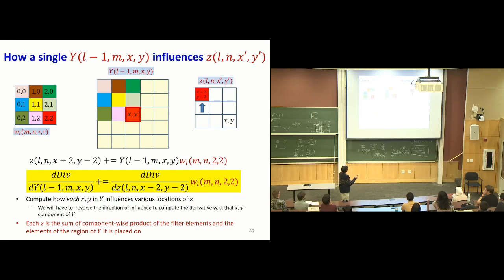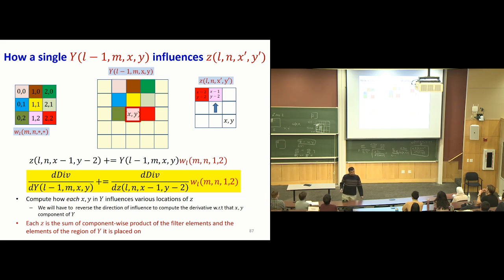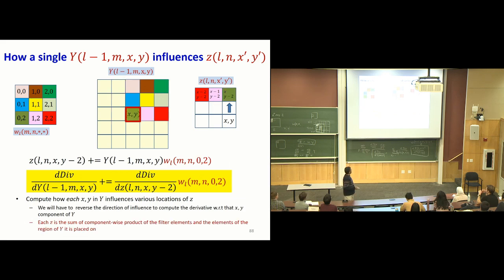What about this one? This xy clearly also contributes to the second z. Which filter index will be used in computing it? 1, 2, right? The color code is being shown, right? And then this one will also influence this z. Which index? 0, 2, right?